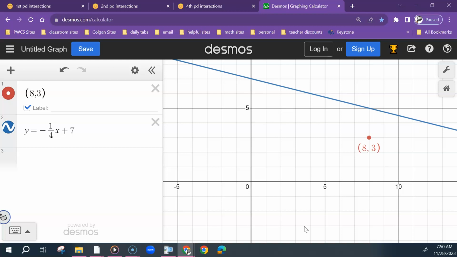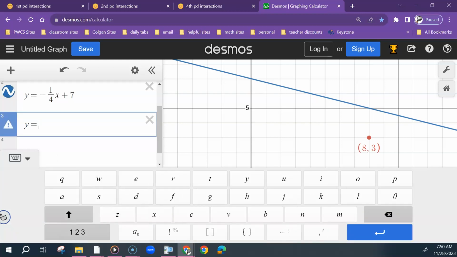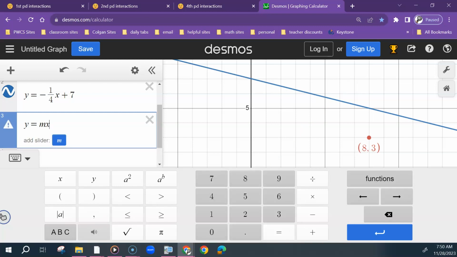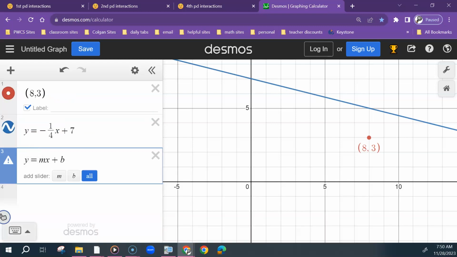We're going to type in y equals mx plus b. And when you do that, it's going to ask you to add in sliders, add all.